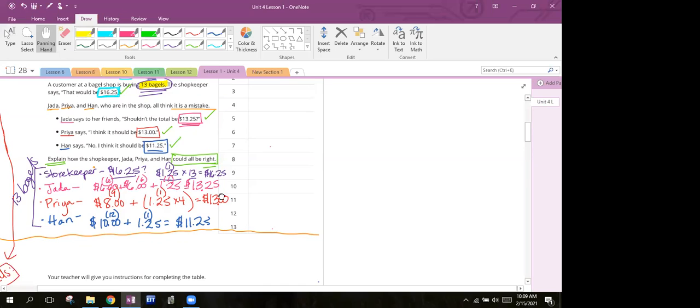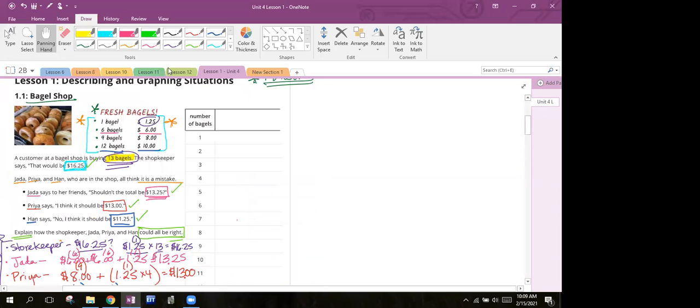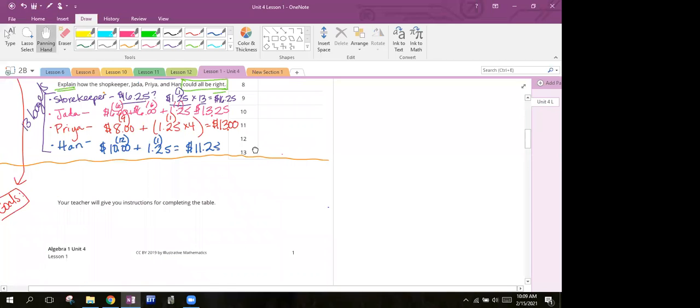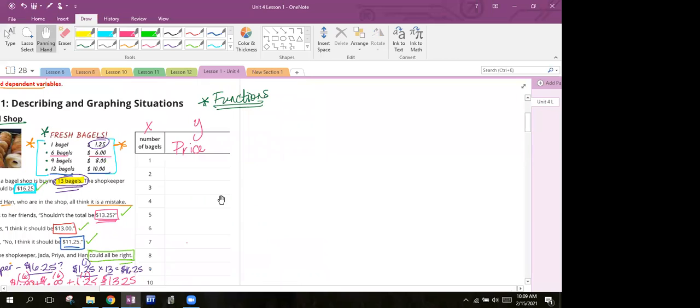Okay, so that brings us to this table over here. The number of bagels is going to be our X value. And then our Y value, we're going to go with the price of the bagels. It says your teacher will give you instructions for completing the table. So that's what we're doing.